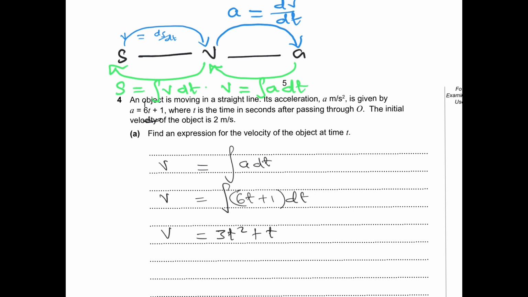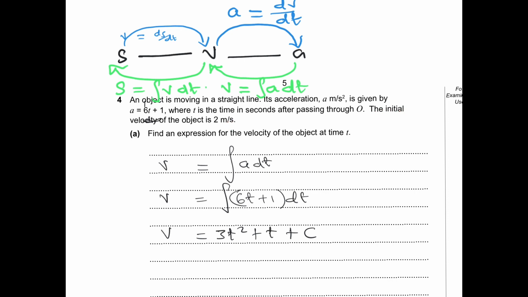But of course, remember this is integration, so we have to add the constant of integration. Now we are given the condition. If you read through the statement that we are given there, we are told that the initial velocity of the object is 2 meters per second.